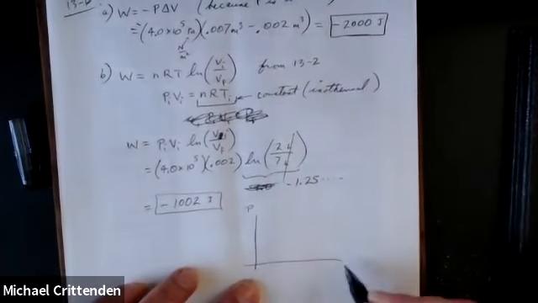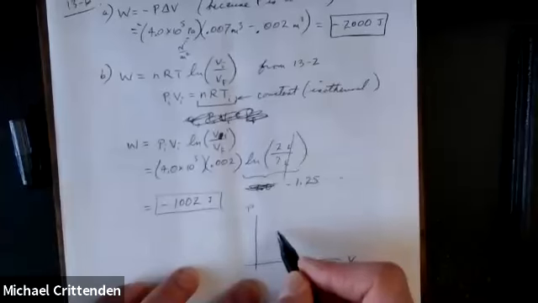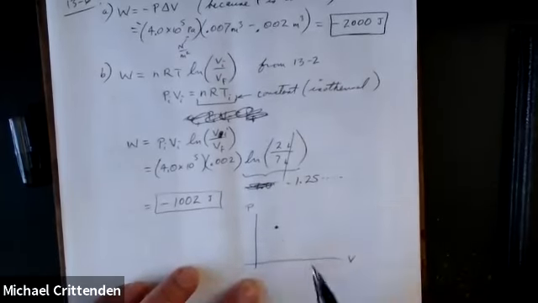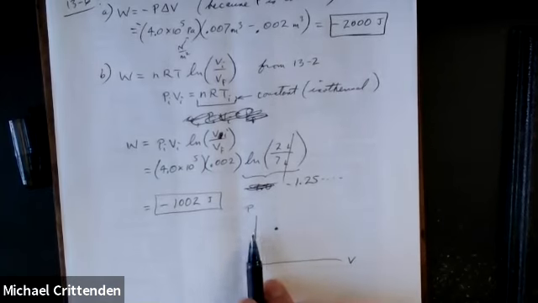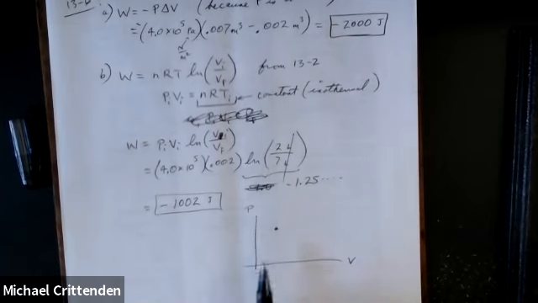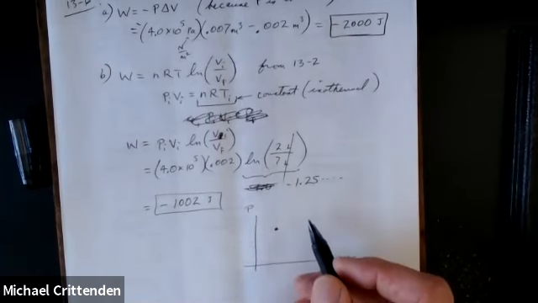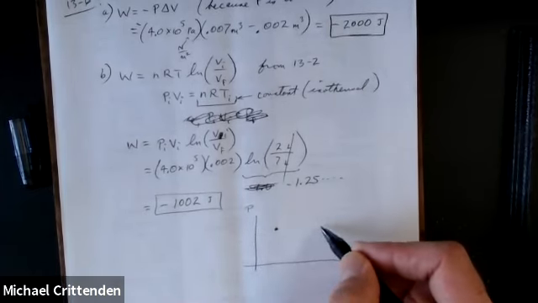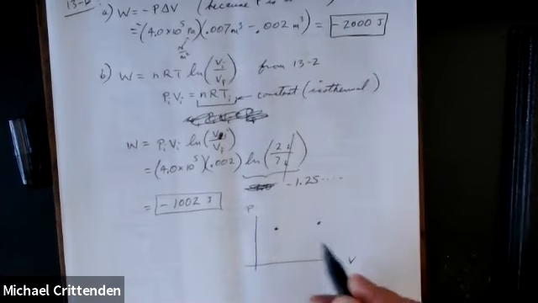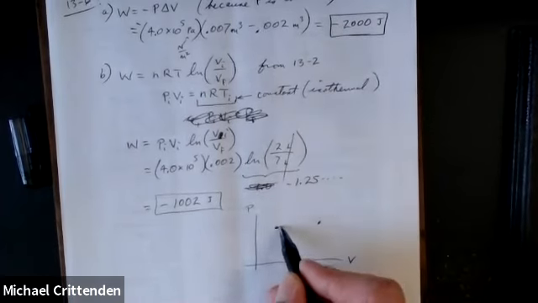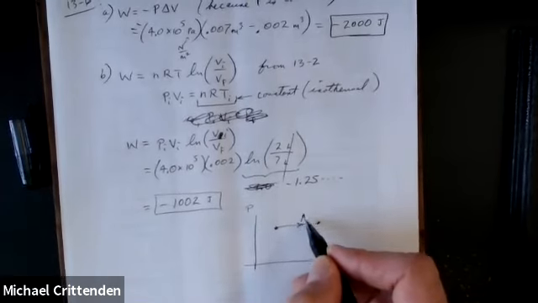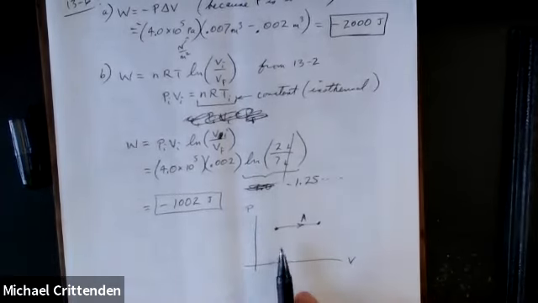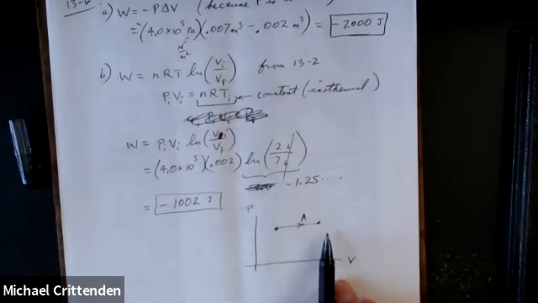Remember the PV diagrams? Both processes started, let's say, right there. Let's say that's 7 liters, and let's say that's 400,000 pascals. Now, in a constant pressure process, so this would be part A of the question, you go right straight across.